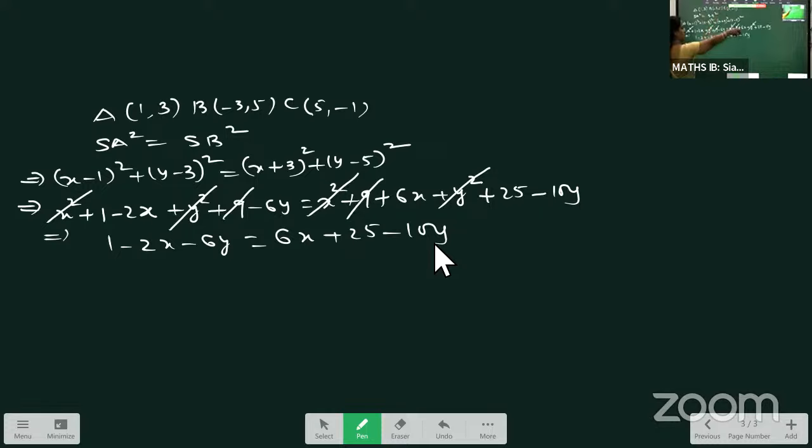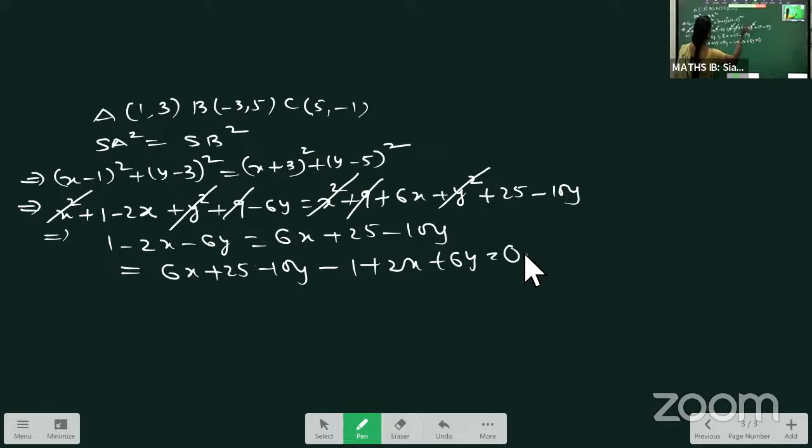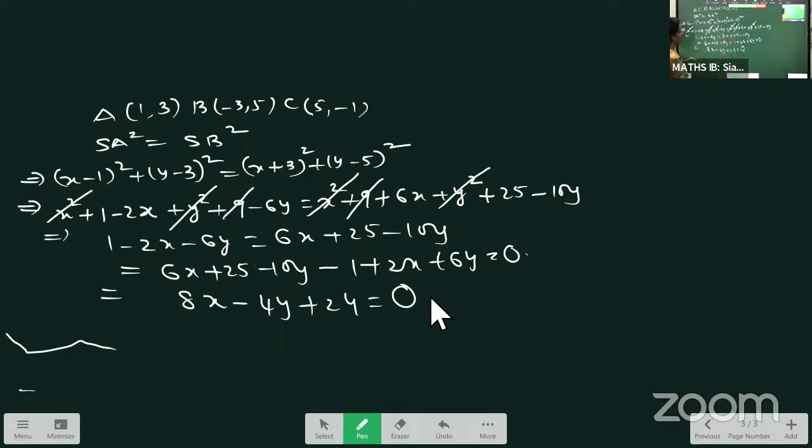Send all these terms to that side, and we get 6x + 25 − 10y − 1 + 2x + 6y is equal to 0. Now 6x + 2x is 8x, −10y + 6y is −4y, 25 − 1 is 24, equal to 0. Can you cancel this with 4?